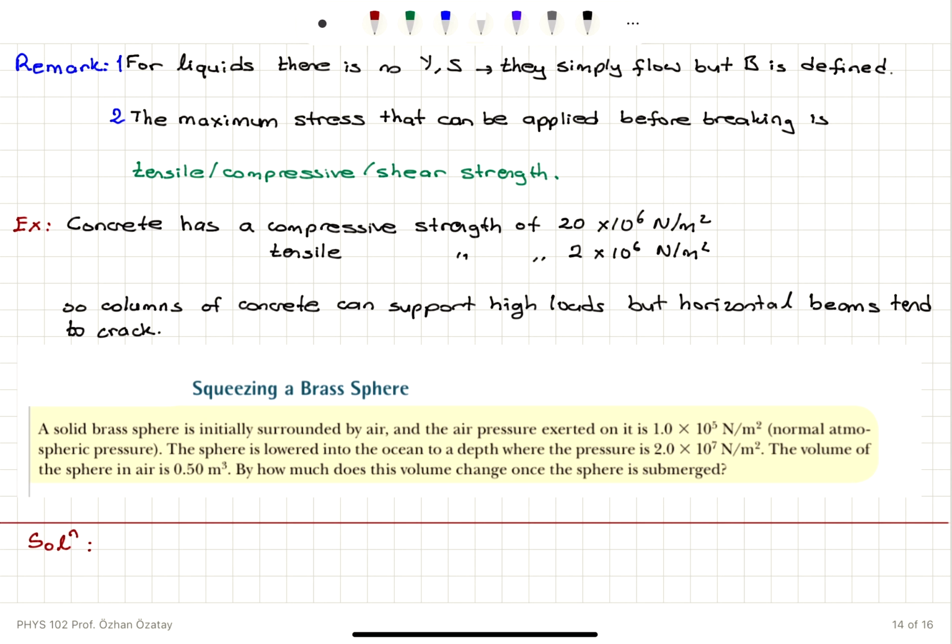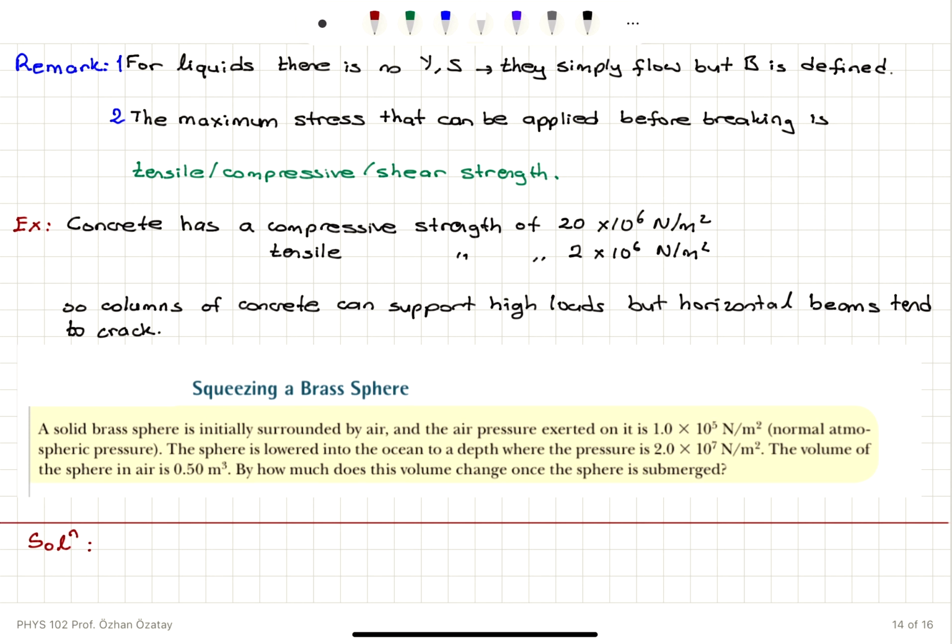But if we try to elongate concrete, applying a force that is trying to increase its length, for a concrete bar, for example, it breaks rather easily. So columns of concrete can support high loads, but horizontal beams tend to break because they cannot sustain very high tensile stresses.